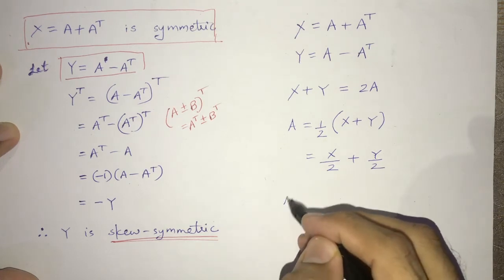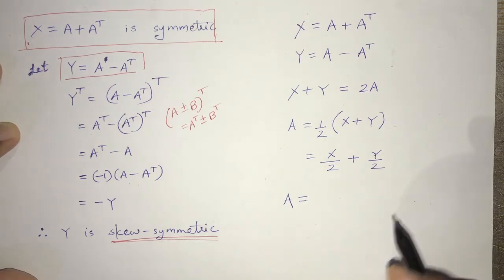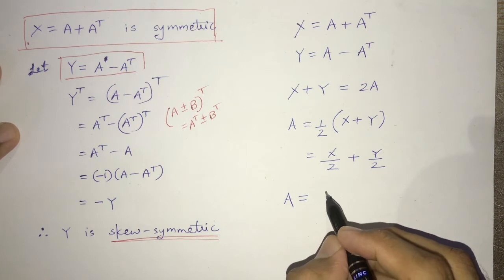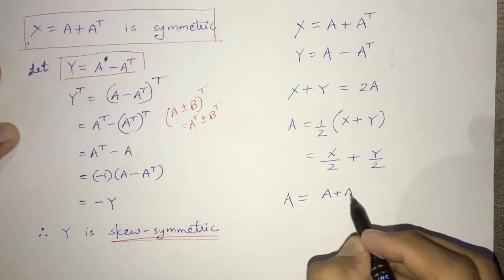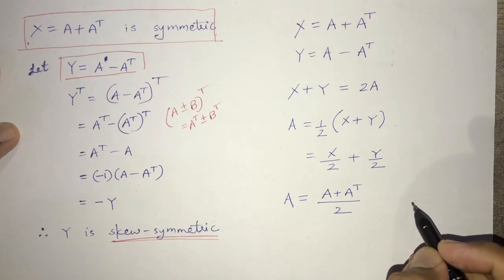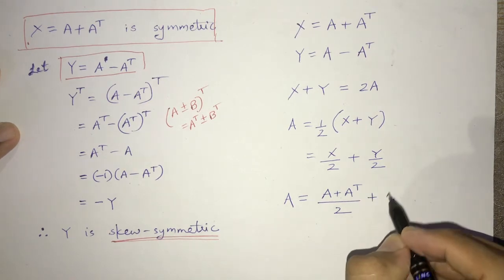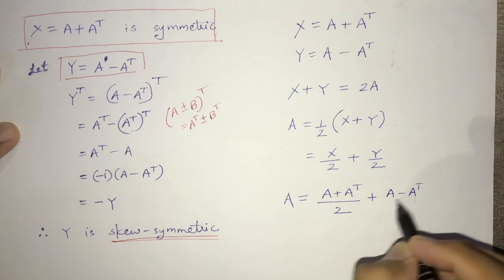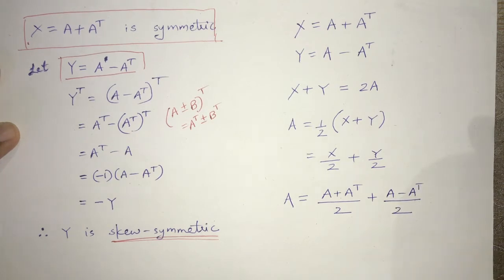What is matrix A? It is going to be A plus A transpose by 2 plus A minus A transpose by 2.